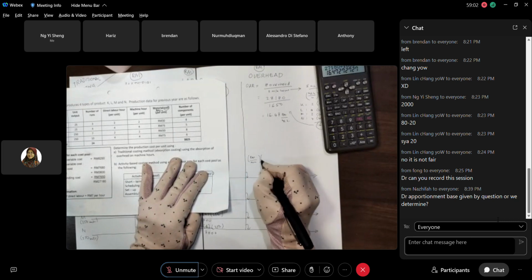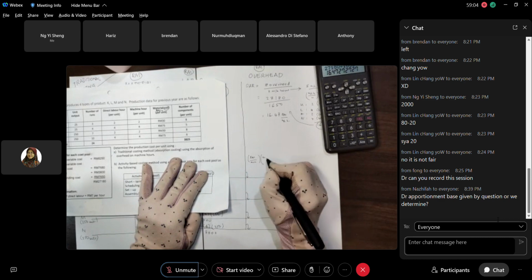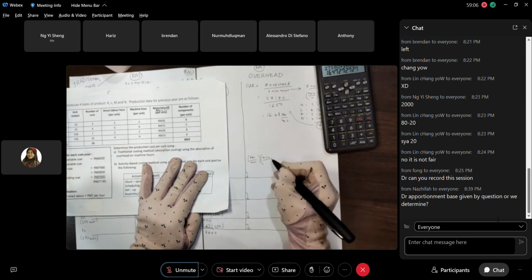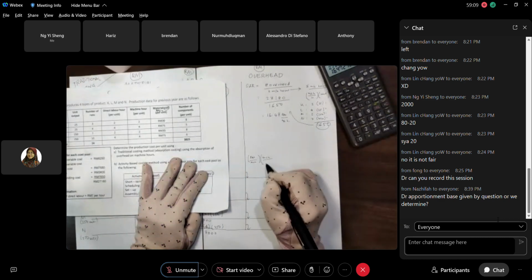To get RM, that means you have to multiply with the machine hour, but you don't have the machine hour.